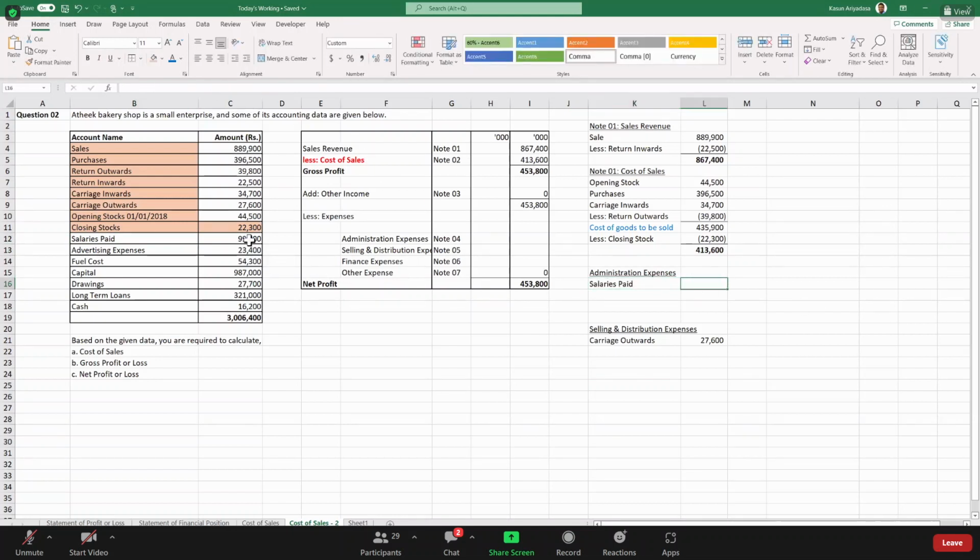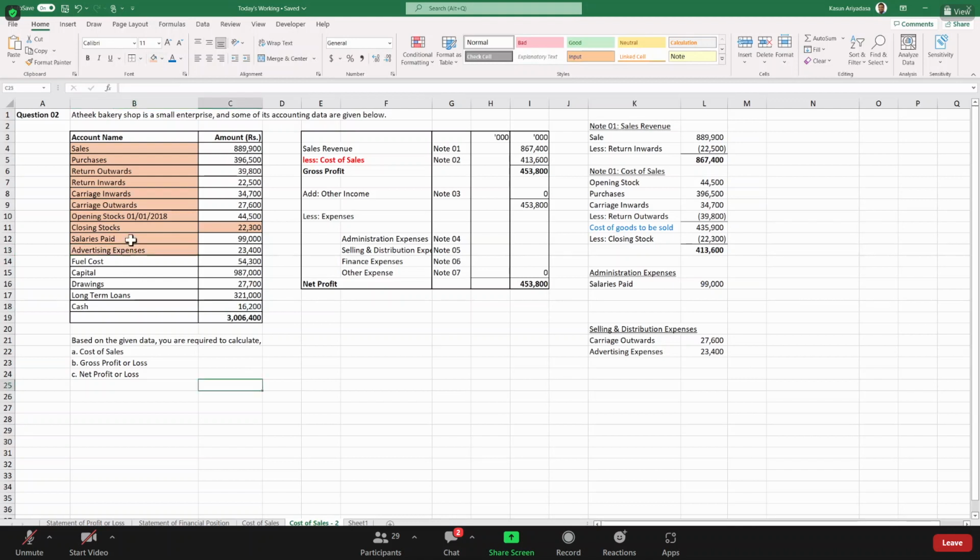Salaries paid, 99,000. Then advertising expenses, it's 23,400. Selling and distribution expenses.